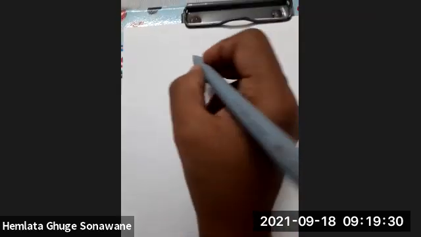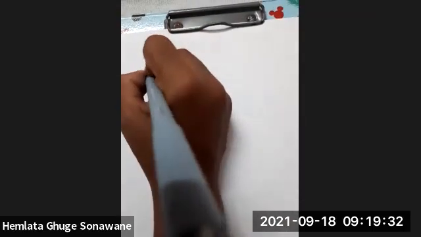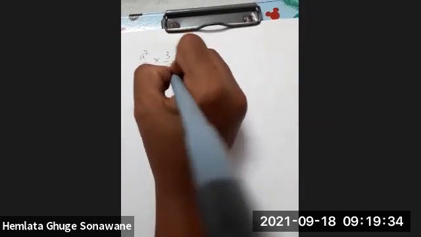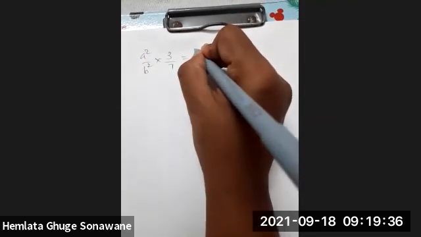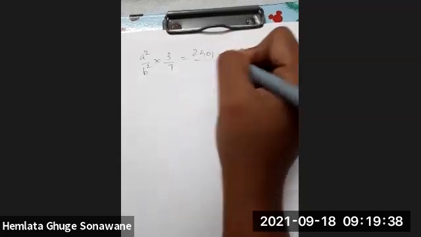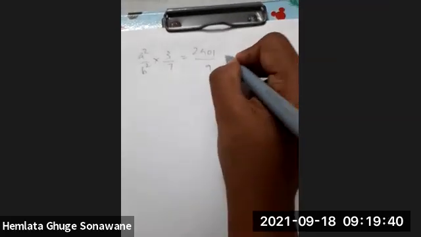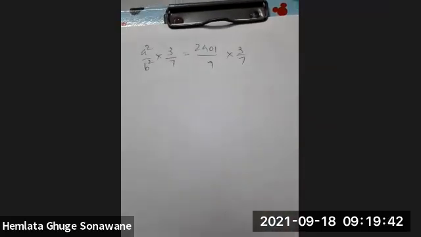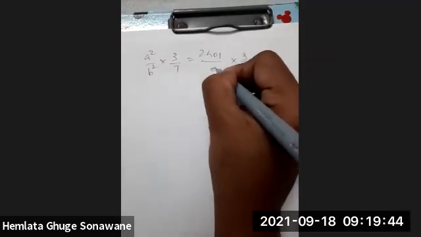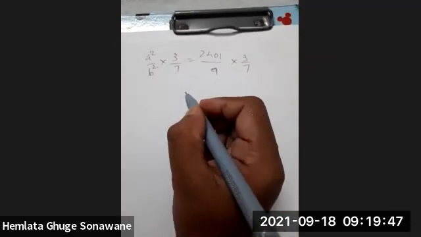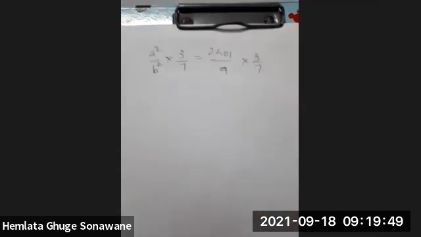It becomes a square upon b square into 3 upon 7 is equal to 2401 upon 9 into 3 upon 7. Okay. Just simplify this.